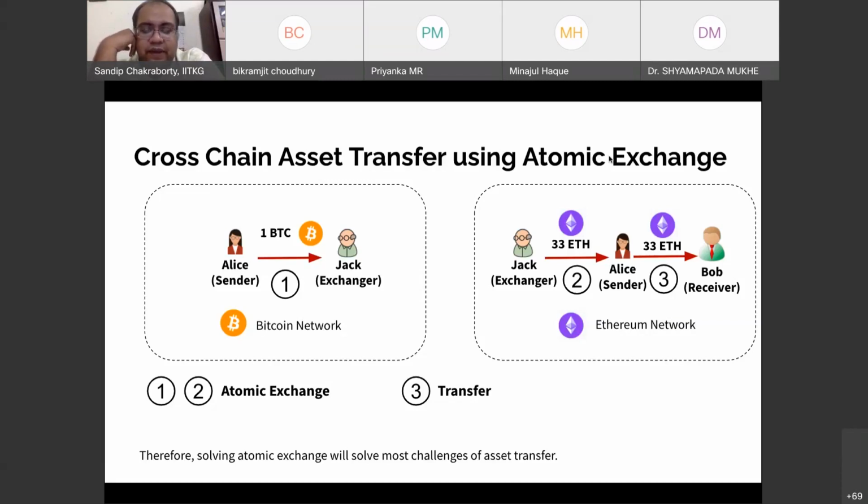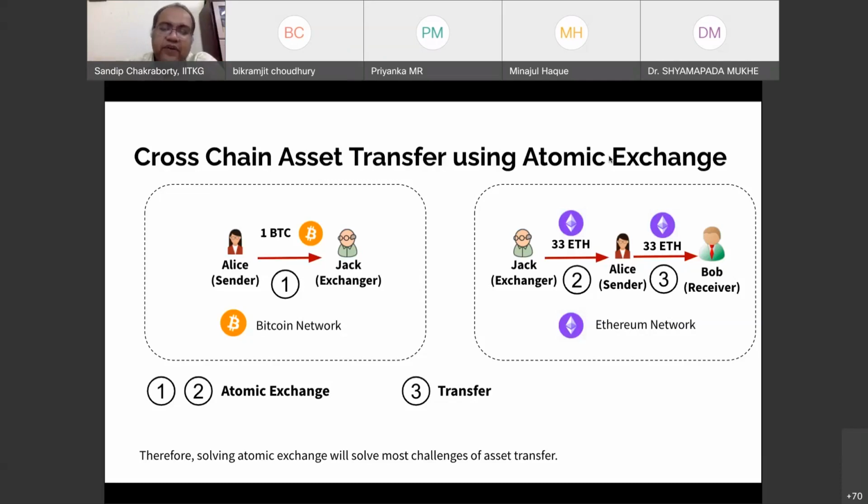And in that way, either both transaction 1 and transaction 2 will succeed, or both will fail. Now, once Alice has received that 33 Ether from Jack, Alice can transfer that amount to Bob, which is a transfer that can run asynchronously from the atomic exchange protocol.